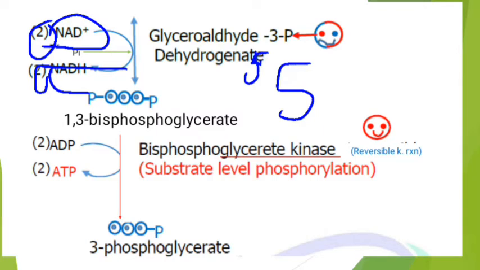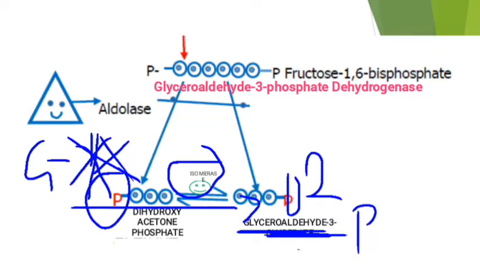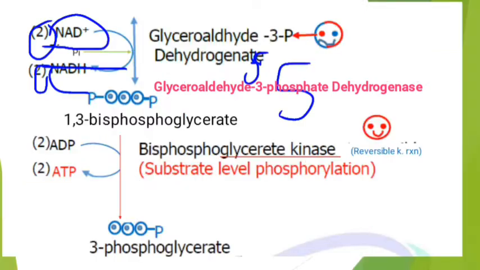Okay. So once that is done, what happens? If you look out here, glyceraldehyde 3-phosphate is telling you that there's only 1 phosphate attached at position 3. However, glyceraldehyde 3-phosphate dehydrogenase enzyme adds 1 phosphate again to position 1, making it 1,3-bisphosphoglycerate. Recall, it's occurring in 2.